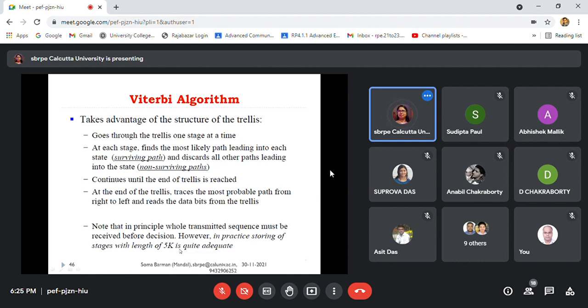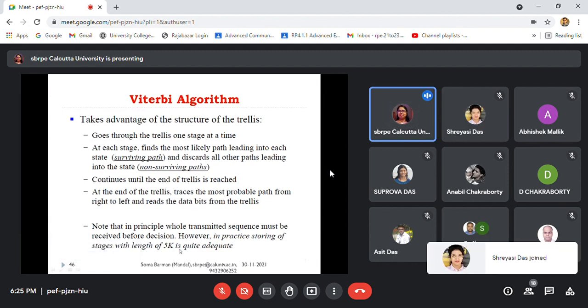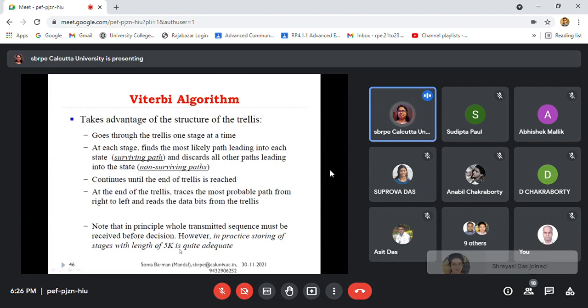Because you have to calculate the minimum Hamming distance. So how can you calculate the minimum Hamming distance? You have to receive the whole transmitted code word. Then you can find the Hamming distance between the possible surviving pathway's code word and your received code word.